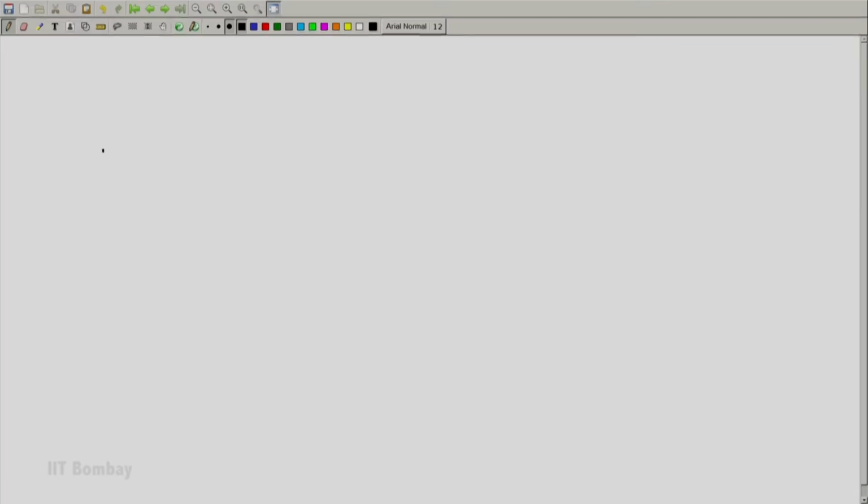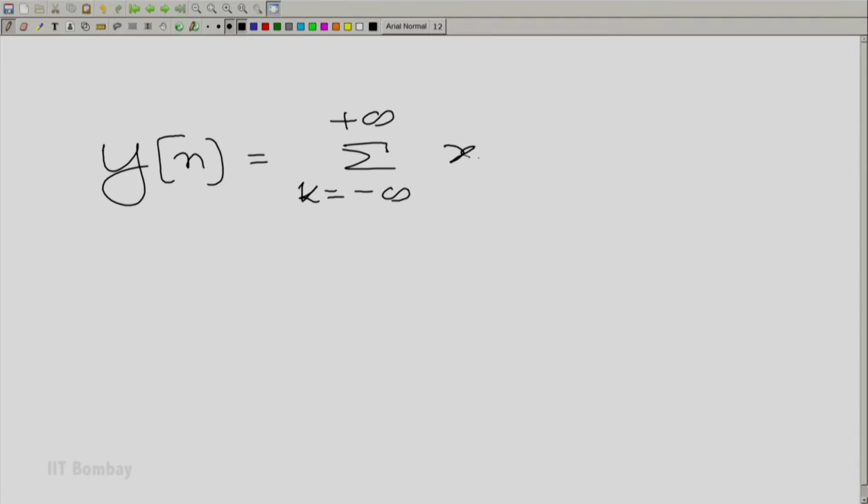Let us write this down explicitly. So, what we are saying essentially is this expression y[n] is equal to summation k going from -infinity to +infinity, x[k] h[n-k], can be interpreted as follows.